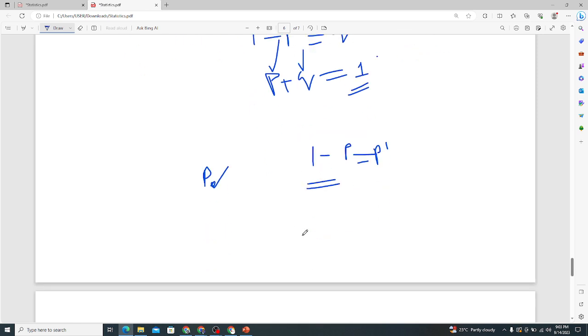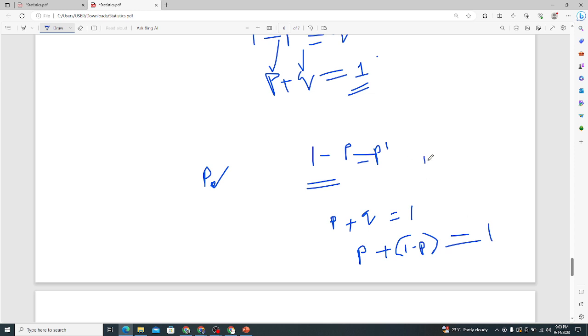So we know that p plus q is equal to 1. So p plus 1 minus p should give you 1.